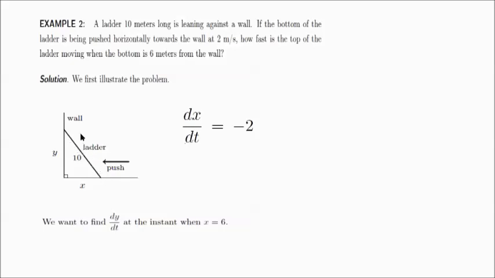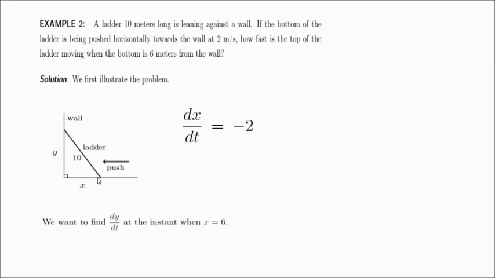So we have a ladder. Nakalagay siya, kumbaga nakapatong sa isang wall. Ngayon, yung distance ng bottom nung ladder going to the wall, represent natin as x. And then from the ground to the top of the ladder as y. Ngayon, merong nagpo-push dito, class. So kapag pinupush yung ladder, tumataas siya, di ba?